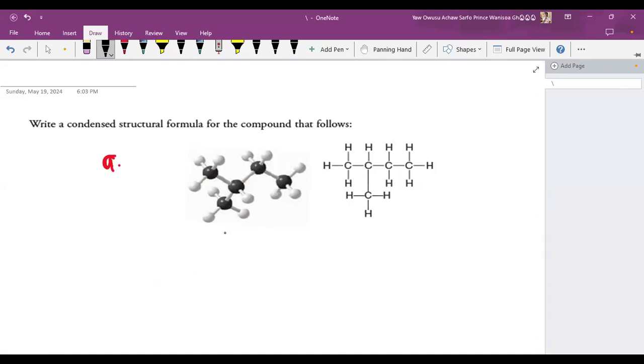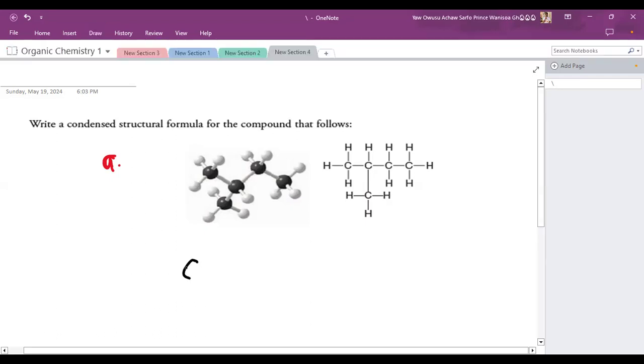So for the first one, we will have our carbon here, and then it is surrounded by 3 hydrogens. So our hydrogen will be 3. And then our second carbon will come. It is surrounded by 1 hydrogen, and then the methyl group.